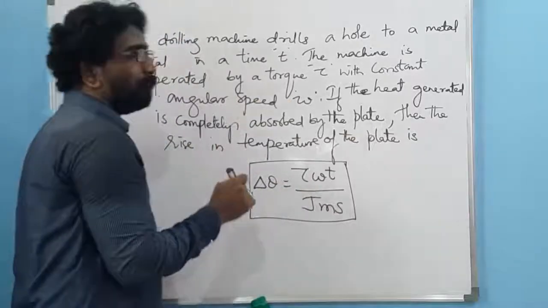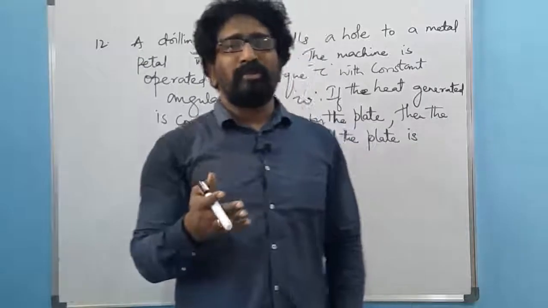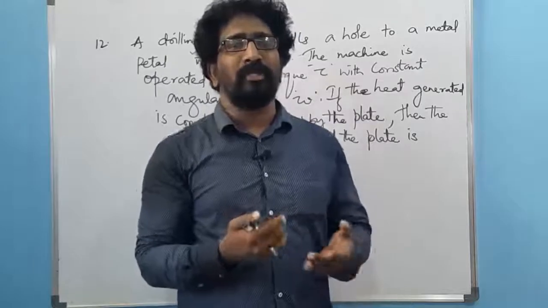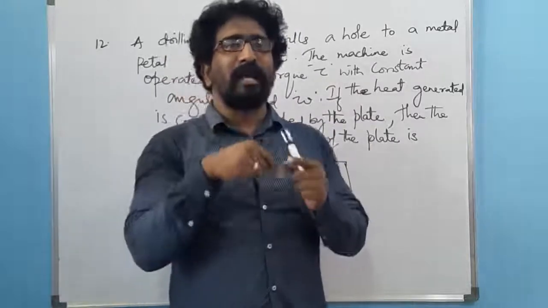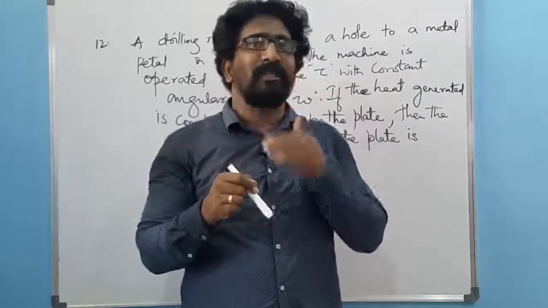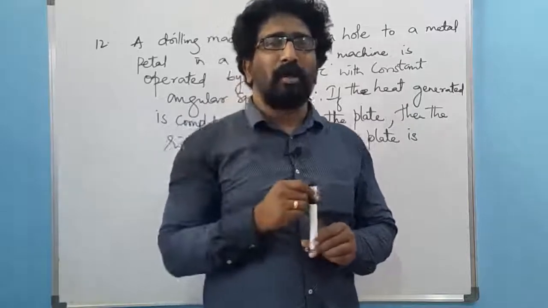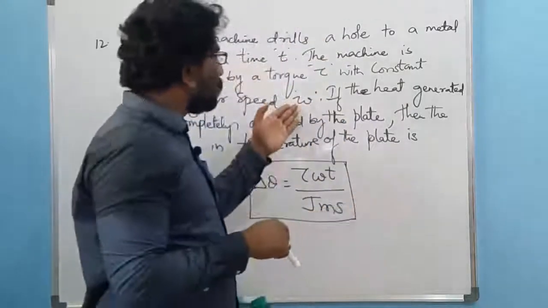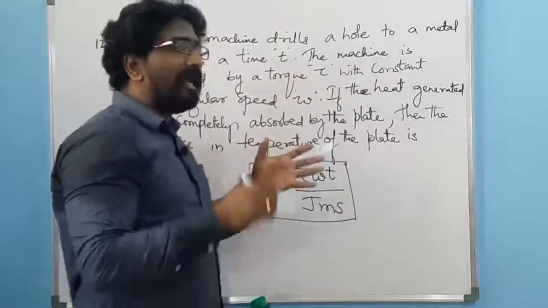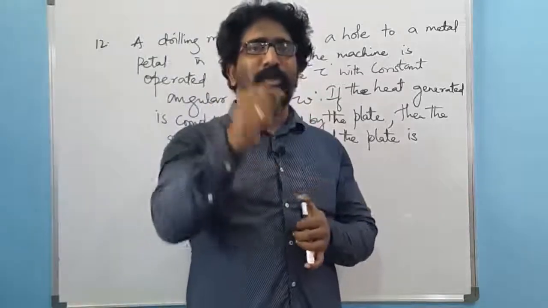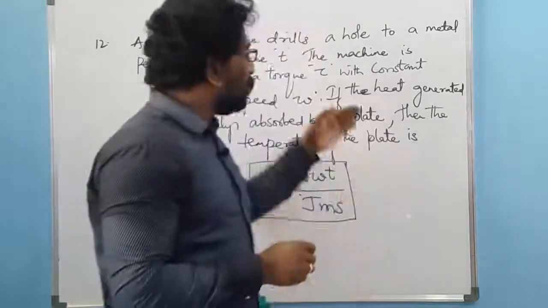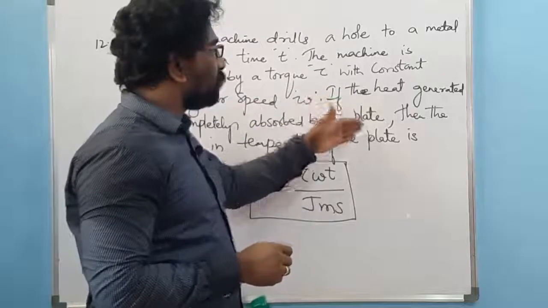So what is actually happening here? There is a drilling machine trying to drill a hole into the plate. Whenever it does, it definitely works in angular motion, rotating in a circular motion, and a torque tau also comes into the picture. It is moving with a speed omega and torque tau, and because of this, heat is produced. That heat produced by the drilling is absorbed by the plate, and due to that absorption, the temperature of the plate increases.